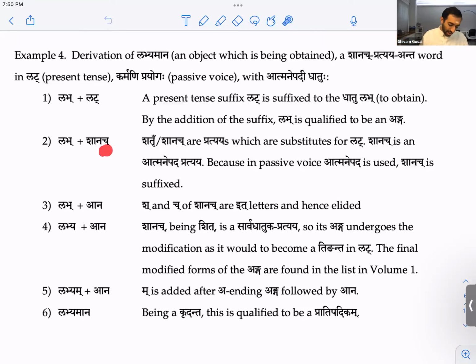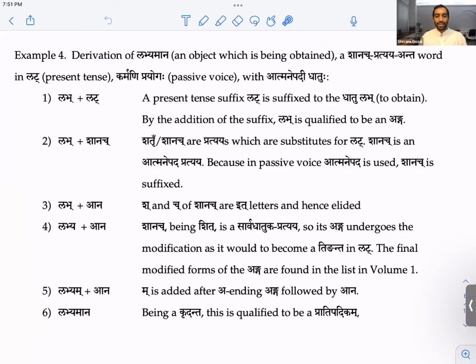Lat gets replaced by Śānac because we're in passive voice. It also happens to be an Atmane Padi Dhatu. Either way, you're going to have Śānac. Chakara goes away, you get left with Ana, so Laba, Ana. Now, being Shit, the same changes with the Anga are going to happen just like they do when we're making a verb.